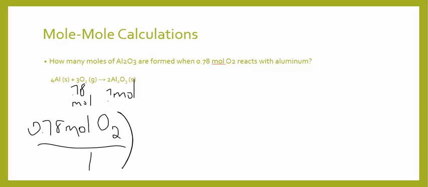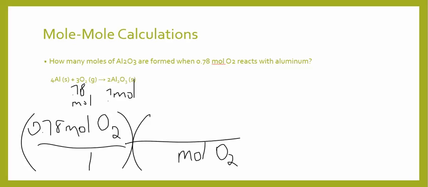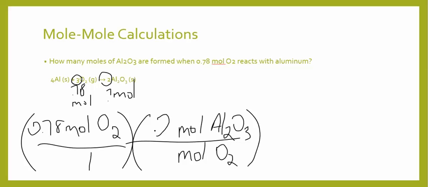We're already in moles, so we can do our mole to mole ratio. We're trying to go from oxygen back to what I'm looking for, which is Al2O3. This is where we use the coefficients. Go back to your balanced chemical equation. We're looking at oxygen and Al2O3, so my coefficients are 2 to 3.